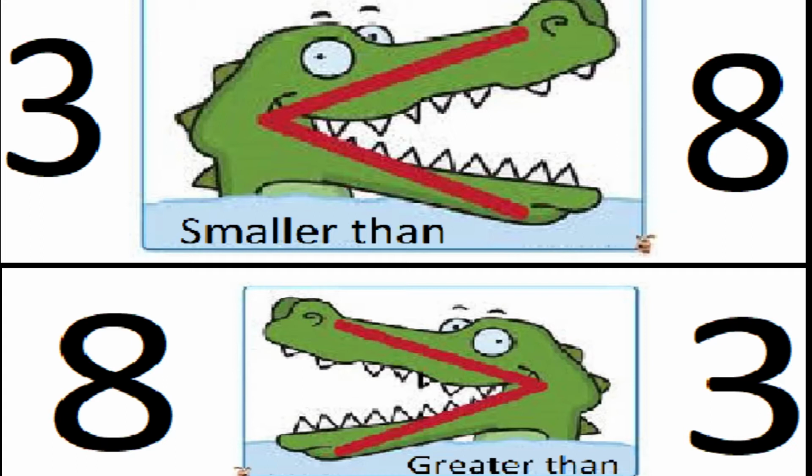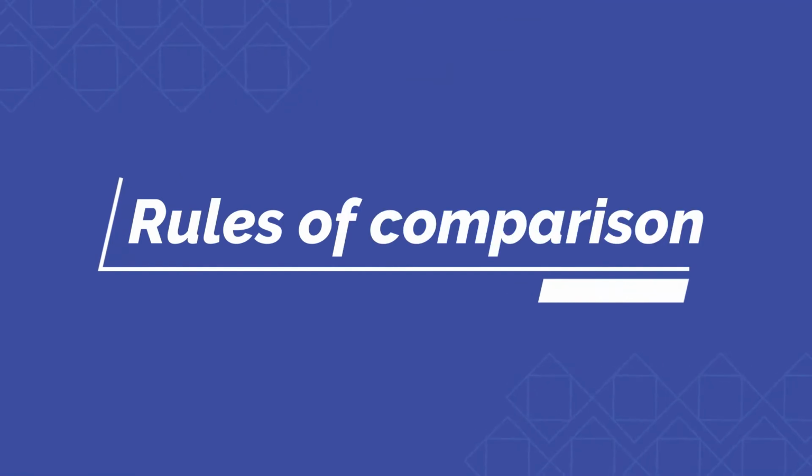Yes, towards the greater number, that is towards 8. So always the open side of the smaller than or greater than sign shows the greater number. Understood, children?